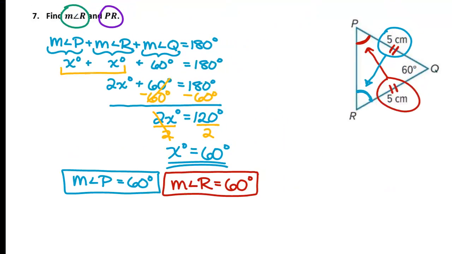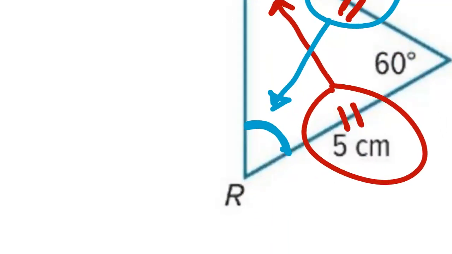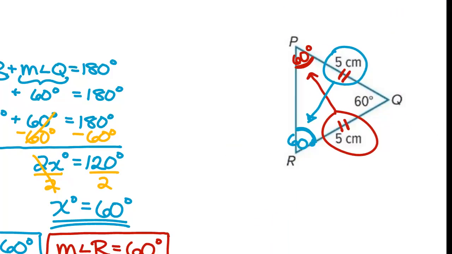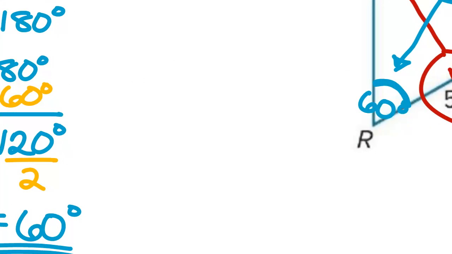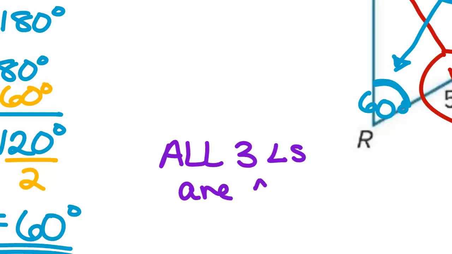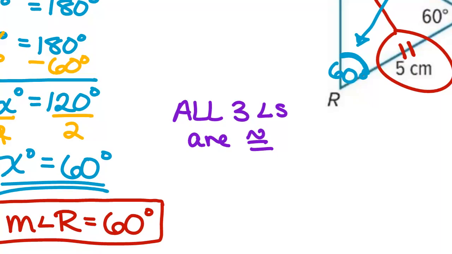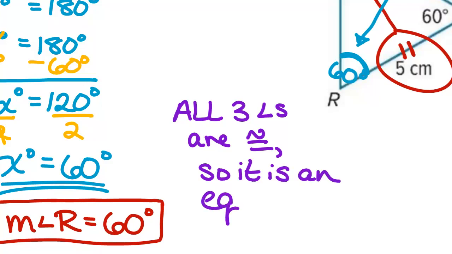Well, if those two angles are both 60 degrees, what kind of triangle is this? This is an equilateral triangle. All three angles are congruent. So it is an equilateral triangle.